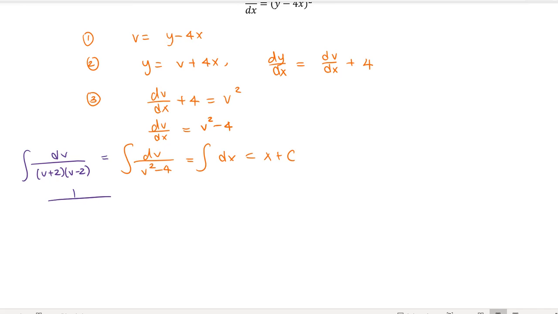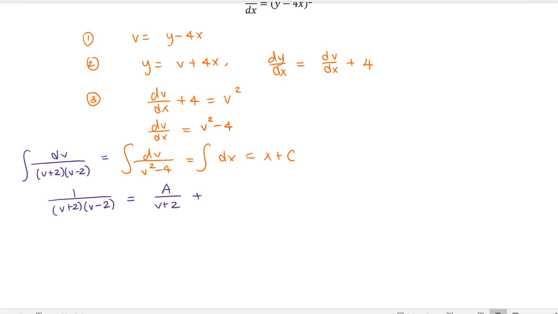So this is 1 over (v plus 2)(v minus 2). We want to decompose it as a sum of simple proper fractions. The linear factors are all case 1. Proper means the degree of the numerator is less than the degree of the denominator.